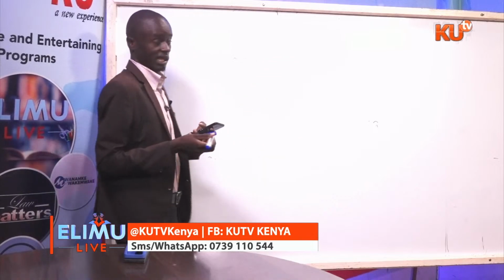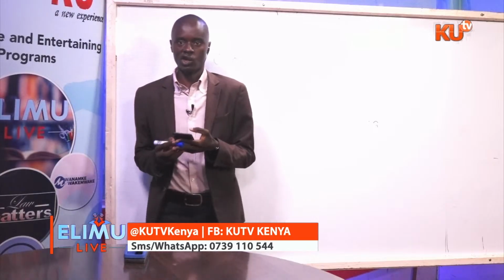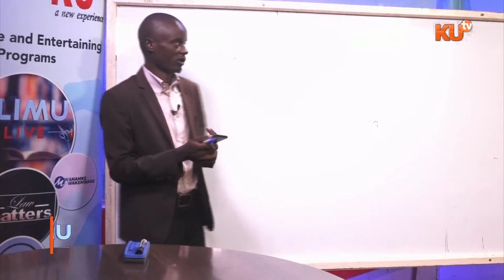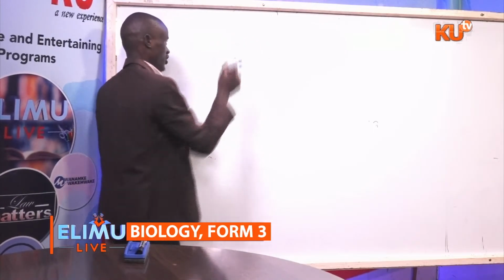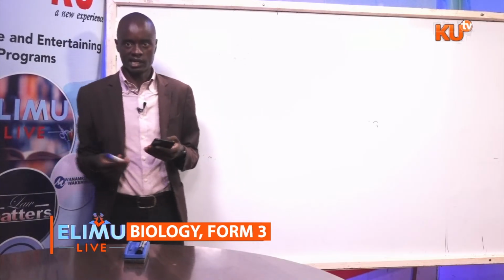Now, these hormones are the ones that control and regulate the cycle. So we have the first hormone, that is follicle stimulating hormone, which is abbreviated as FSH.